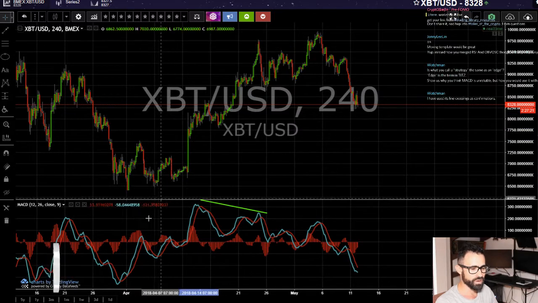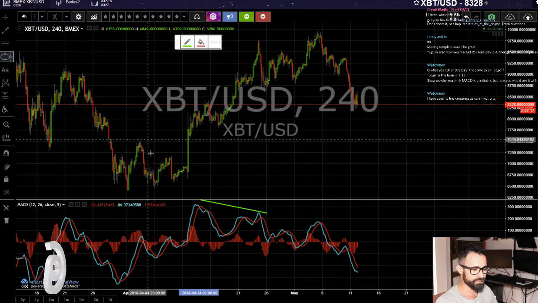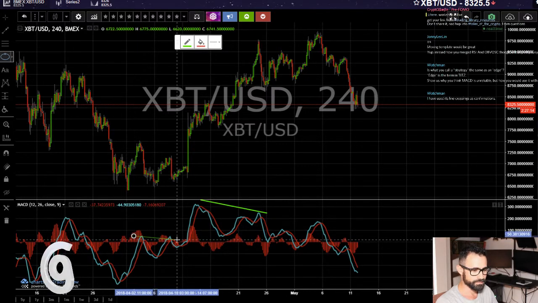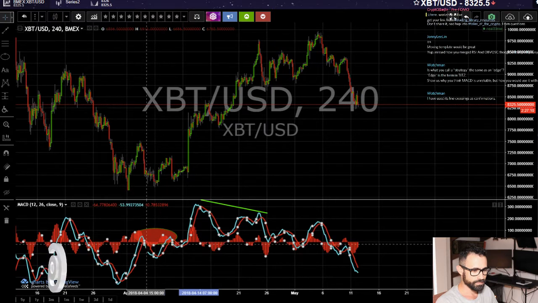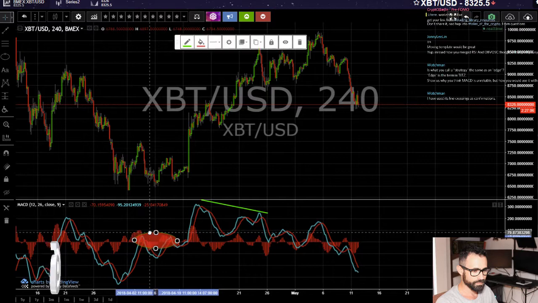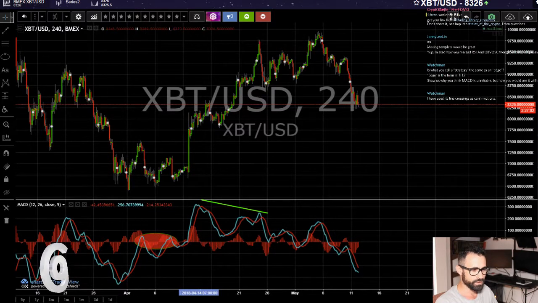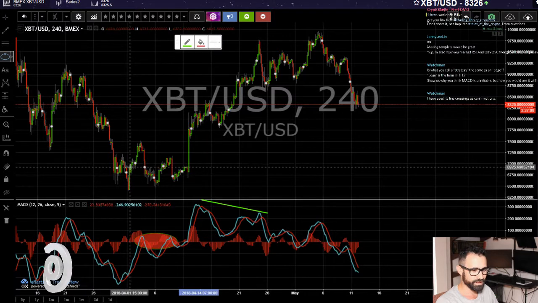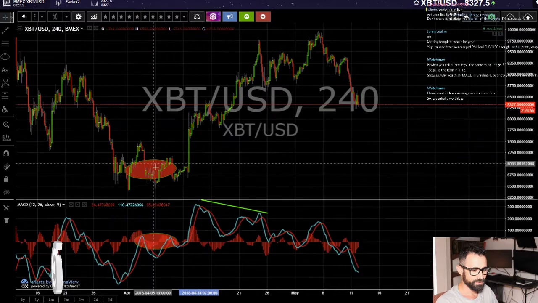As for crossing above zero, right, we get a lot of fake outs. This area right here combined with this chop, right?